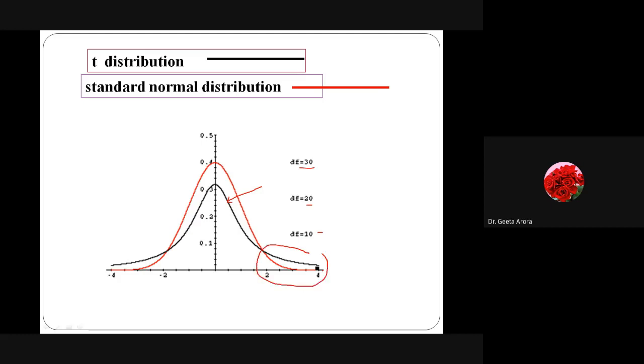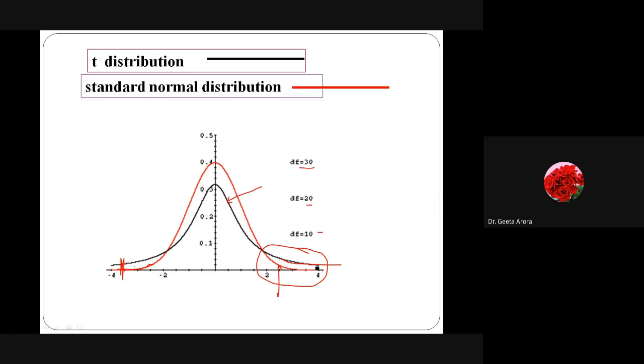See the difference? It has a heavier tail compared to the z distribution curve, which is a bell shape, and this black one is mound shaped. Mound shape means like a mountain. It is flat on both sides, and the tails are heavier. Heavier means the distance from the axis to the curve is more compared to the z test, because in the z test it goes near about the same.